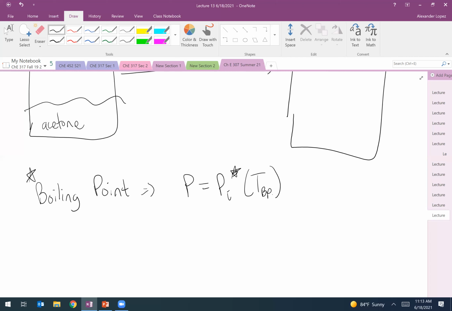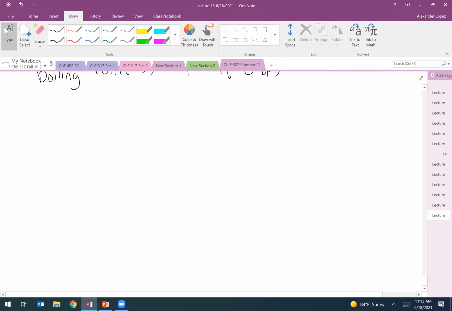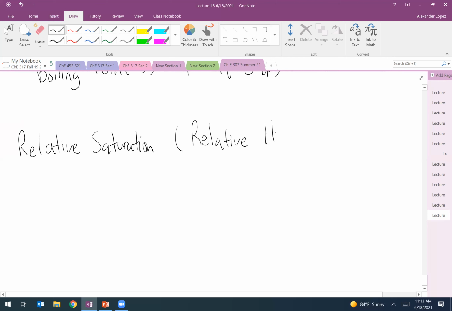There's a couple of things that we can also describe when it comes to vapor pressure. One being relative saturation, also known as relative humidity. S_R is what's known as relative saturation, and it's a measure of the partial pressure of a species relative to the vapor pressure that it exhibits at a given temperature, right?